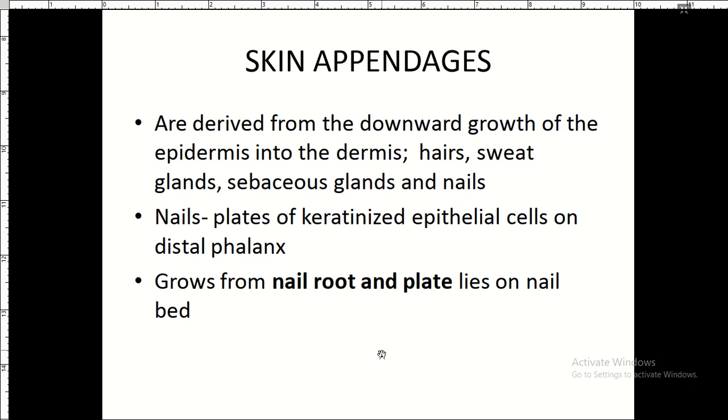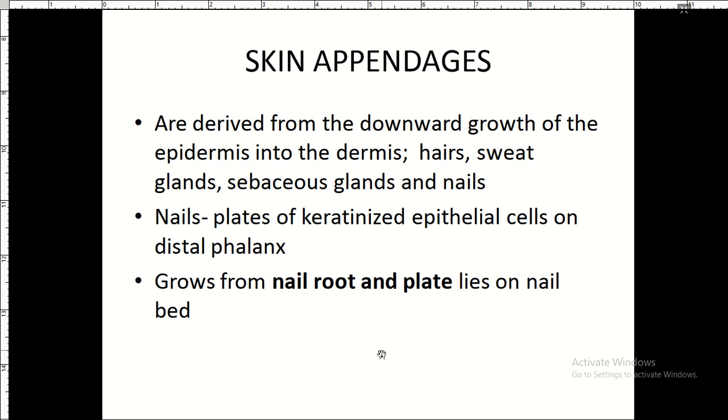So, the nails, these are just plates of keratinized epithelial cells at the distal phalanx, right? So, you're going to have a nail root and a nail plate, which will be lying on the nail bed. And it is very important: the transparency of the nail plate can be used to diagnose the nature of the blood.